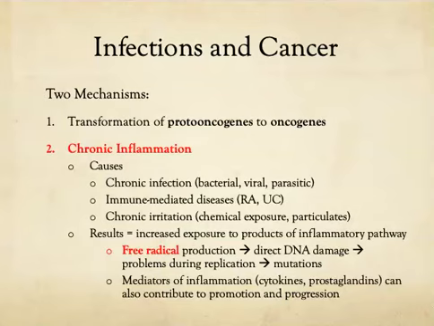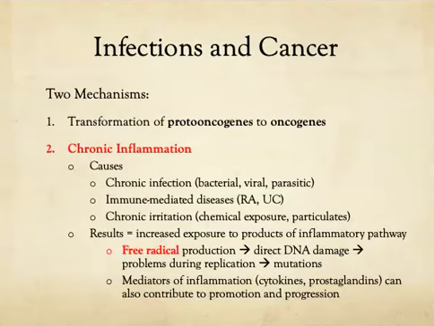In addition to these free radicals that can damage DNA, there are other chemicals that get released from immune cells during the inflammatory process, things like cytokines and chemicals called prostaglandins. These are pro-inflammatory chemicals, and they themselves can behave as promoter chemicals and progression chemicals.